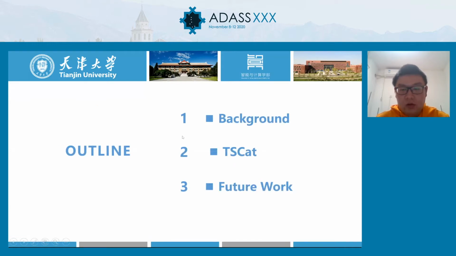Firstly, I will talk about the background of our work. Next, I will give you an introduction of the AstroCatR storage schema. At last, I will give you a summary, and we will talk about our future work.